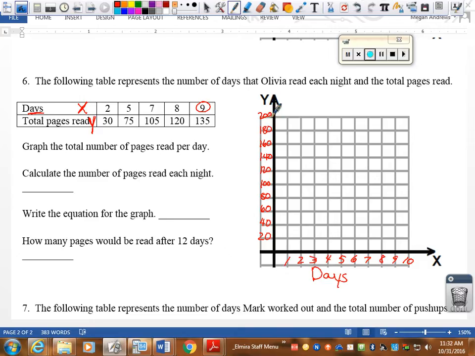So if you find yourself squishing your graph into one small corner, or if you find you have to draw extra boxes, you're not planning out your graph correctly, okay? You don't have to use every square, but a good rule of thumb is try to use more than half the space, okay?